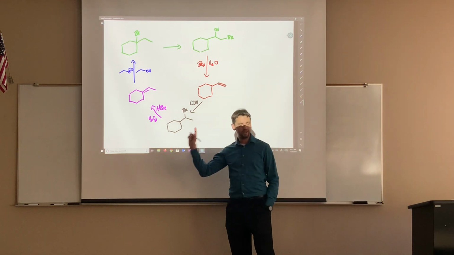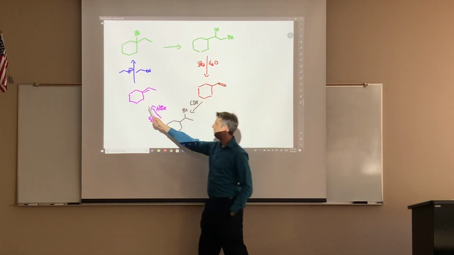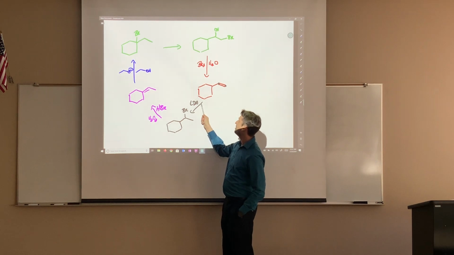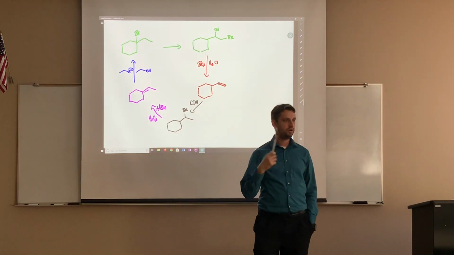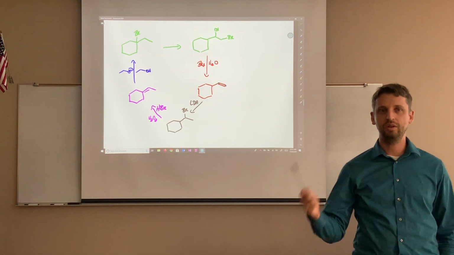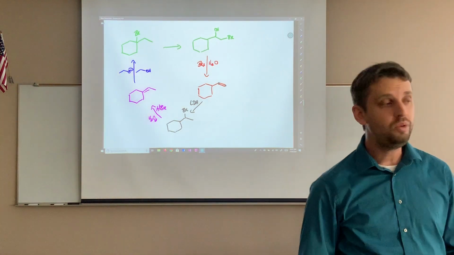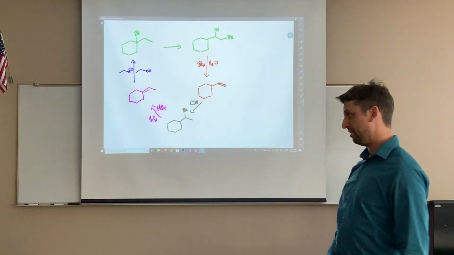Take a look at what we did here. What's the step in blue? Elimination, addition. Elimination, addition. You guys get what we're doing here? Eliminations followed by additions. There's only 3 reactions that you guys know how to do. Did you guys know that?